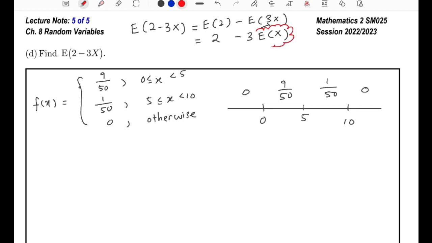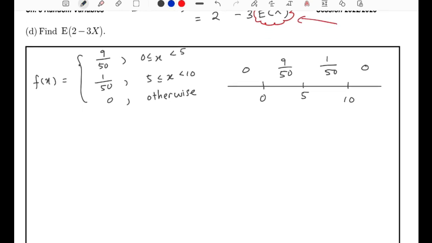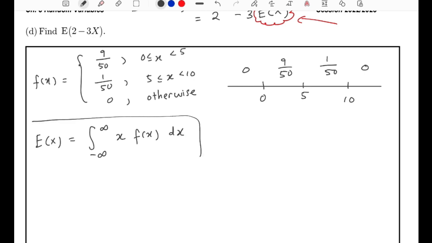Thus, we need to find the value for E(X) and then substitute it in this equation. To find the E(X), the formula is integrating from negative infinity to infinity x f(x) dx. This is the formula.